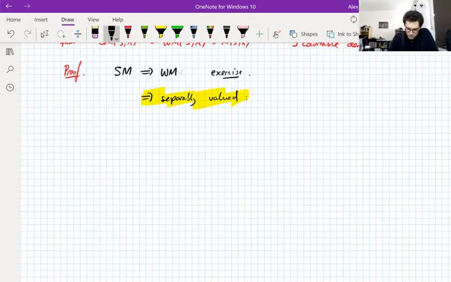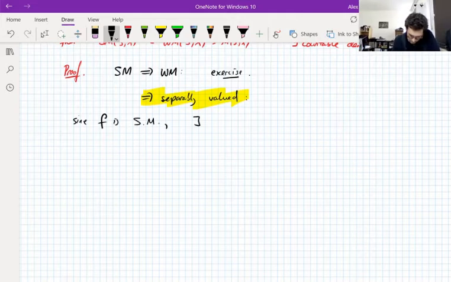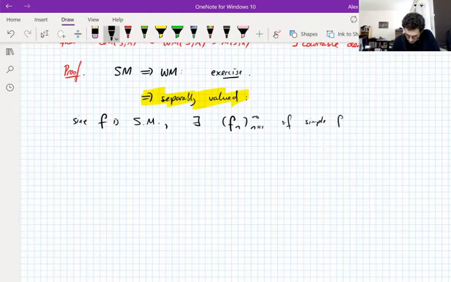So what does it mean to be strongly measurable? It means that there exists a sequence of simple functions that approximate our function. So since f is strongly measurable, there exists a sequence fn of simple functions such that fn converges to f pointwise.